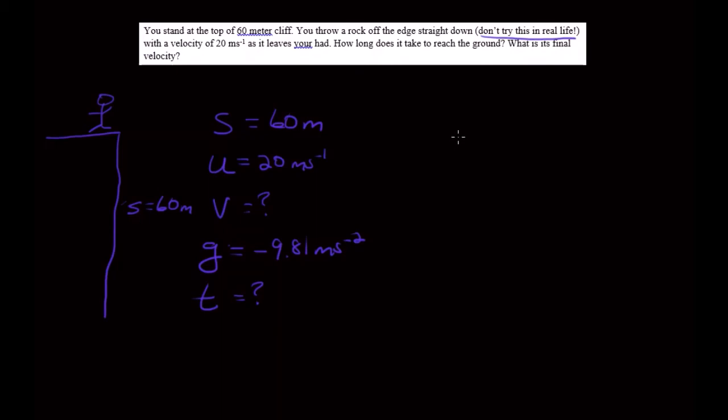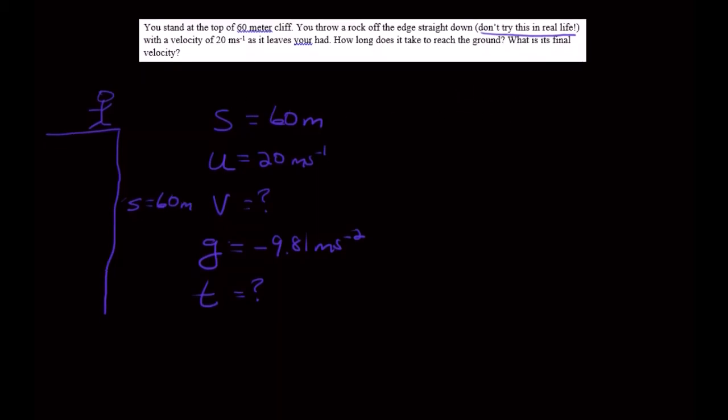So I need something with SUVAT in the equations. So that is going to be V squared equals U squared plus 2AS. V equals the square root of U squared plus 2AS.